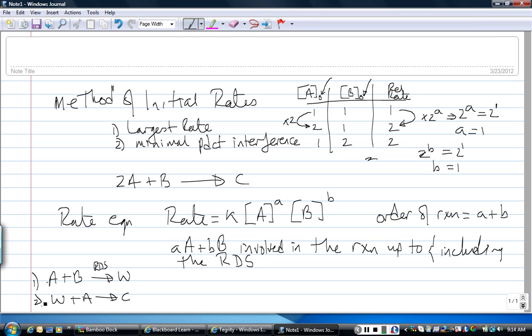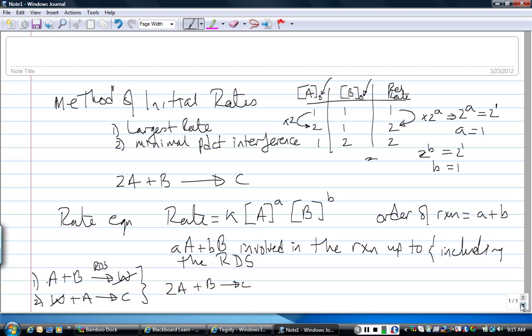Now, by the way, given the kinetics, I know the reaction must be multi-stepped, because I have 2 A's in the stoichiometry, and yet only one of them is involved up to and including the RDS, which means the other one comes into the reaction after the RDS. So the reaction must at least have 2 steps. Again, when I sum these 2 steps, the W gets crossed out, and overall I have 2 A's plus B give rise to C, which is the stoichiometry I observed.